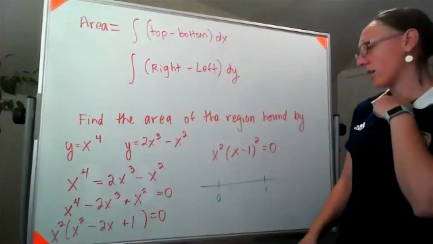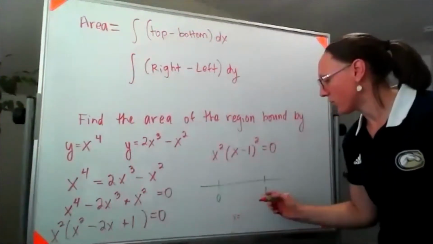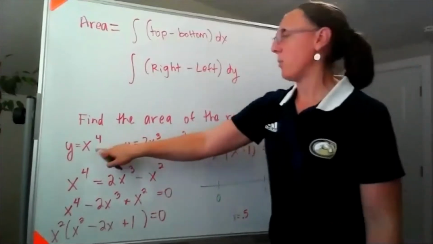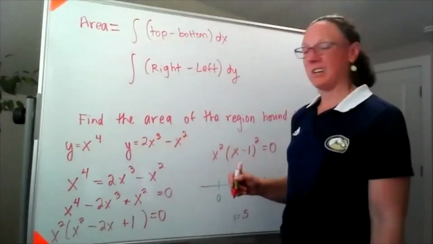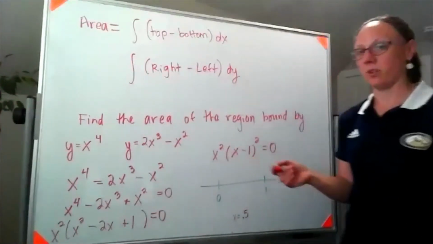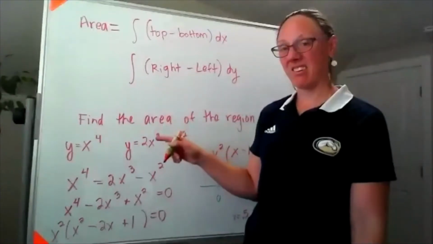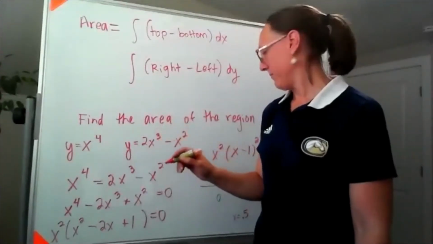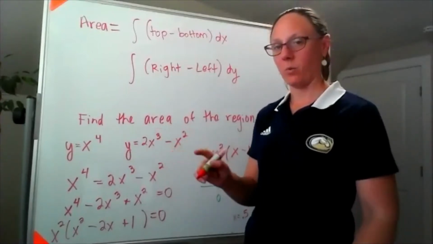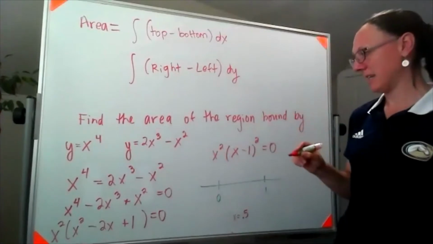So if I were to choose a number like x equals 0.5, then 0.5 to the fourth, sorry for making fractions, should be 1/16. Actually, what I'm doing will work, but I'm going to be lazier than that.